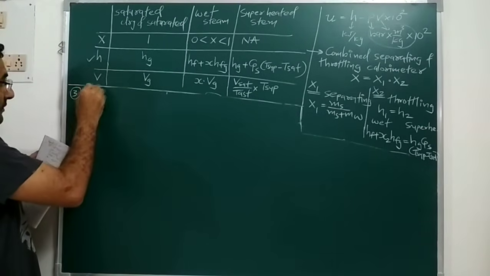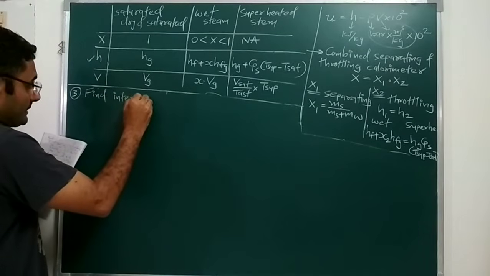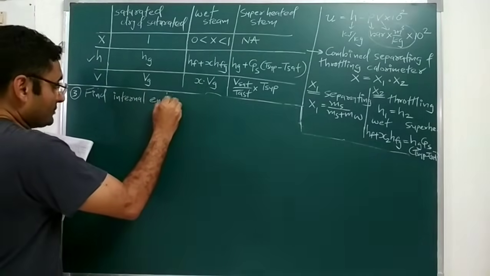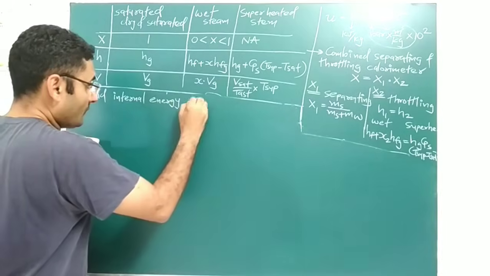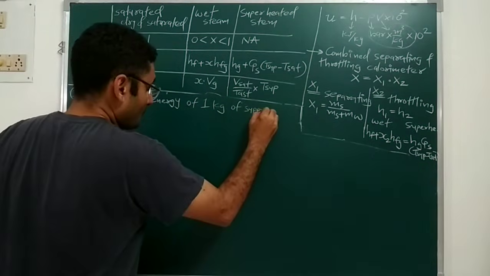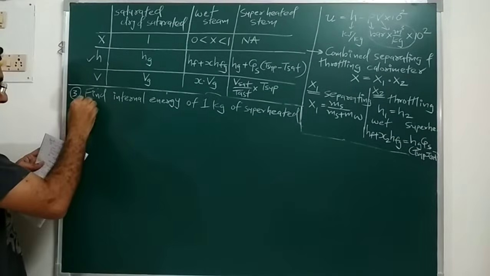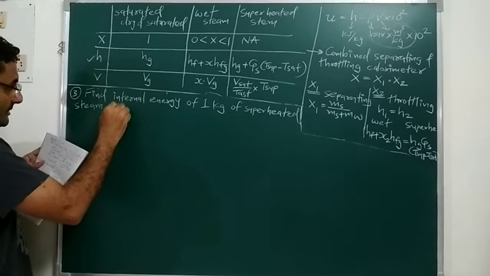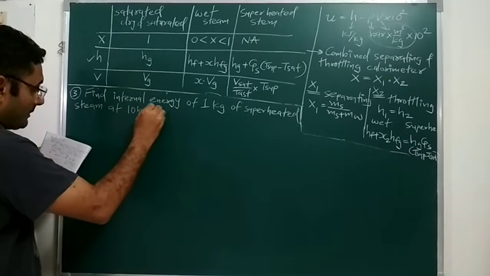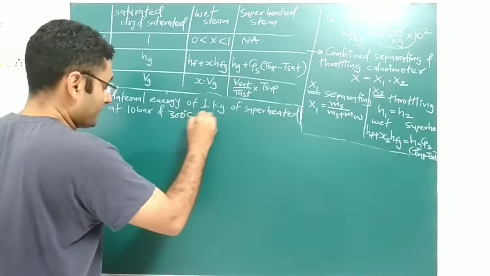Find the internal energy of 1 kg of superheated steam at 10 bar and 300 degree centigrade.